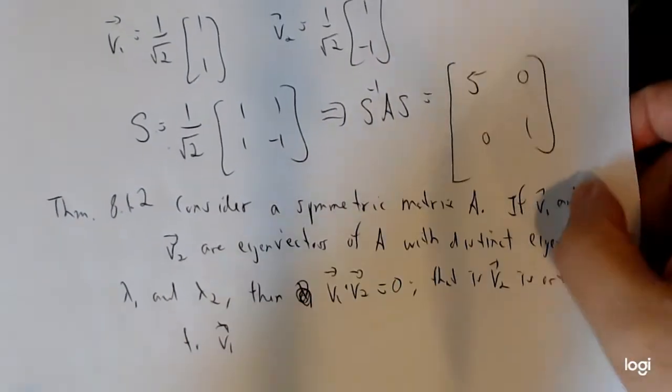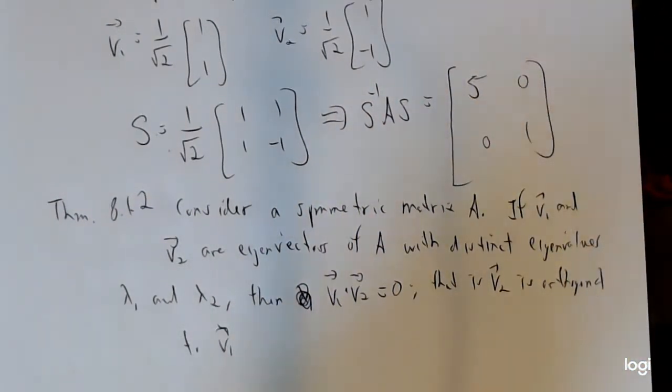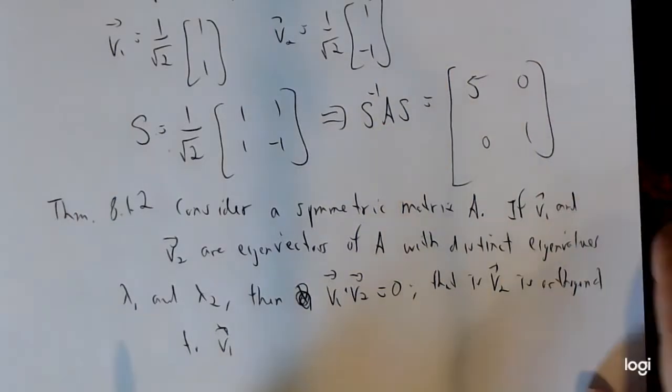The only time that our eigenvectors will not be orthogonal possibly is if they're in the same eigenspace, right? Then we would need to turn them into orthogonal vectors, which we know how to do because of the Gram-Schmidt process. That was the whole purpose of the Gram-Schmidt process. So let's prove that theorem.